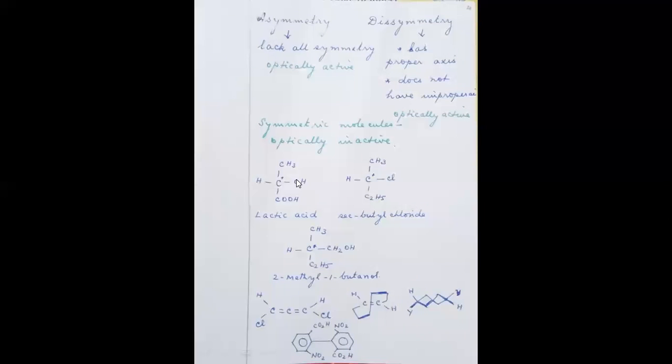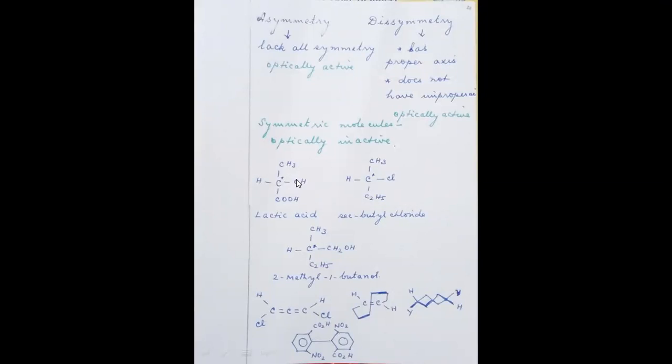See, one carbon is at the center, and one methyl group, and one ethyl group, and one hydrogen, and one chlorine are attached. Suppose if this molecule is written like this, C2H5 CHCl CH3 in one linear structure, you may not understand the existence of an asymmetric carbon in this compound. But when it is written like this, you are able to see that a carbon with asterisk mark is the asymmetric one, where four different groups are attached.